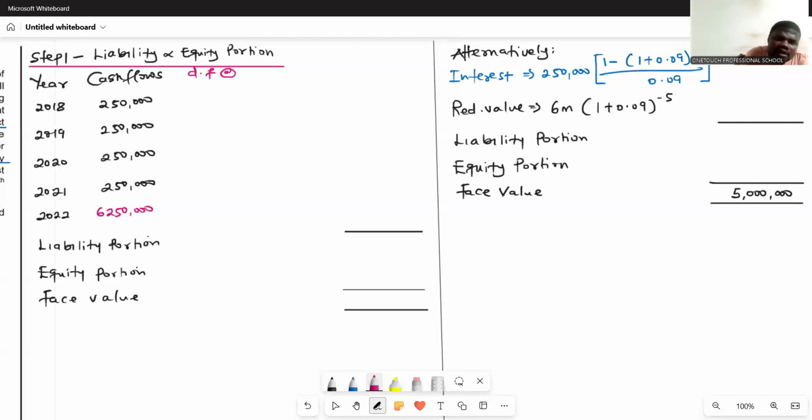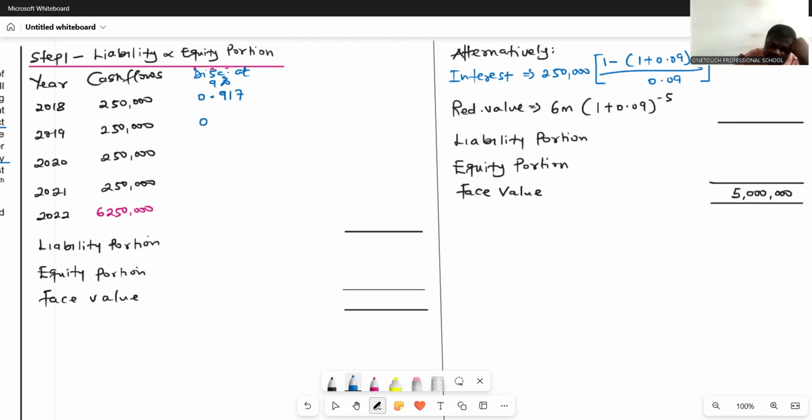Then we discount at 9%. Are we following? We discount at what? At 9%. So we have 1.09 raised to the power negative 1, which is 0.917.